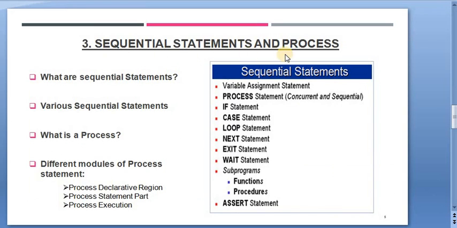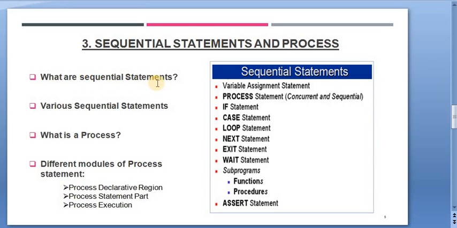As you see in the slide on the right, the list of various sequential statements is shown. So first of all, a very basic question: what are sequential statements? The definition of sequential statements says that these are the statements which are executed sequentially. This means these are the statements which represent the behavior of the entity.